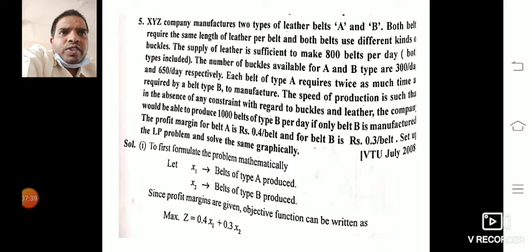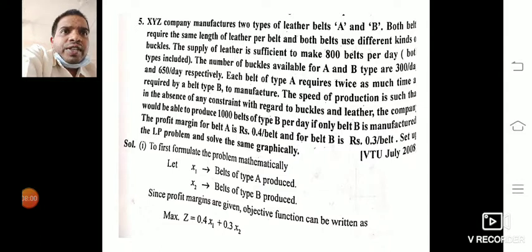The first module includes the introduction of OR, the definition of OR, applications, characteristics, phases, and how to formulate the LPP problem. Formulation is very important here.